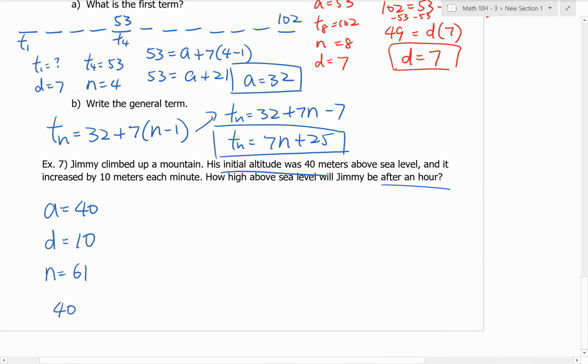This is the reason why, right? You start with 40, okay? This is T1. After 1 minute is T2, and this will be 50. Remember, this is after 1 minute. Here's T3, this will be after 2 minutes.